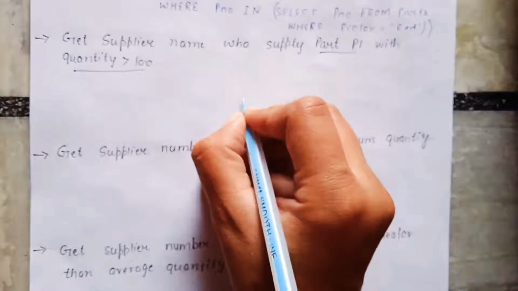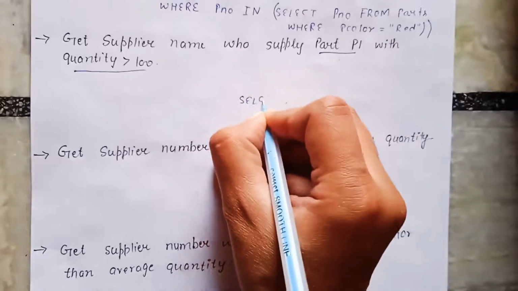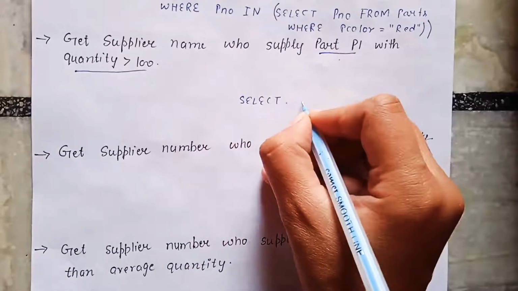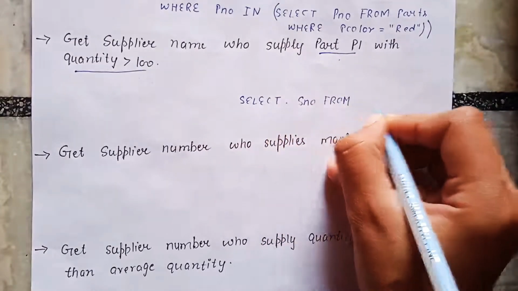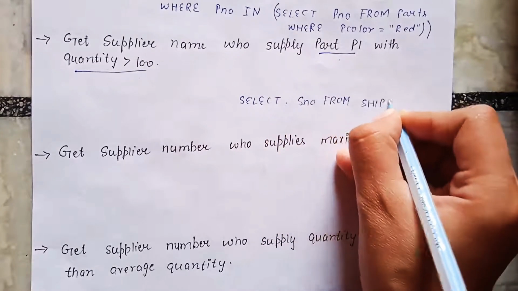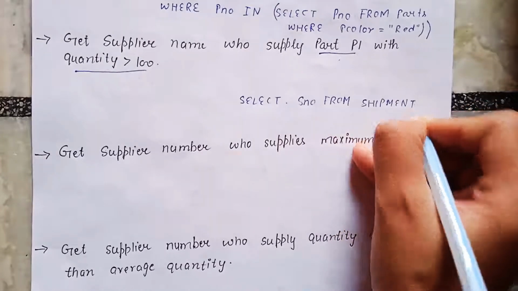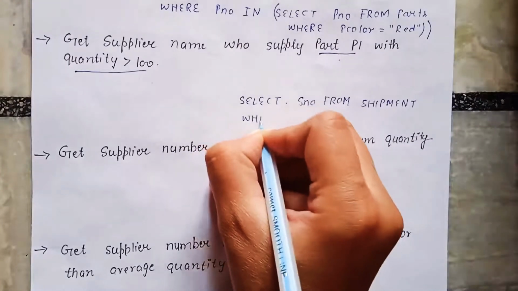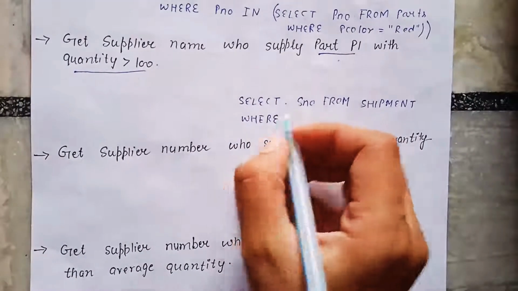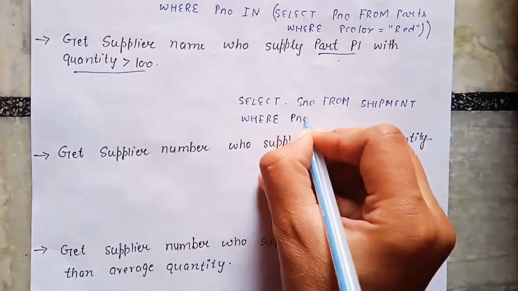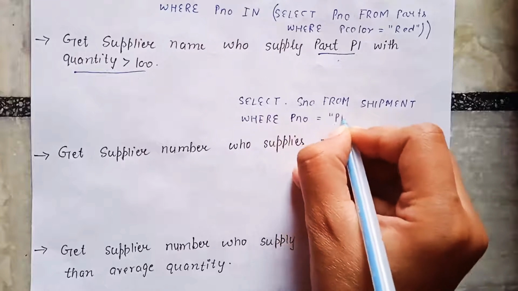So the inner query would be: select S number from shipment where P number is equal to P1.